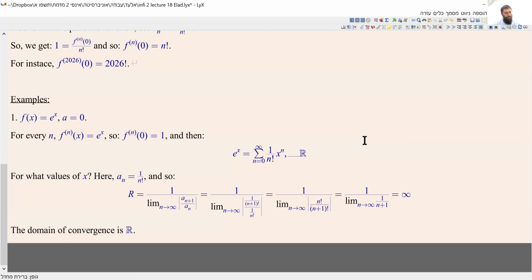So what you're doing here is you know the differentiation n times, and that's what e to the x equals, the sum.